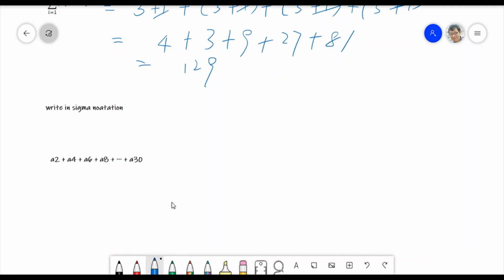So it looks like sigma, starting from i equals 1, and until what? Later, let me write it first. I will write this as a(2i). Am I right? So every time it is times 2, so they will miss a3, a5, right? So start from 1, 2, and how many times? 15 times, right? 15 times is a30.